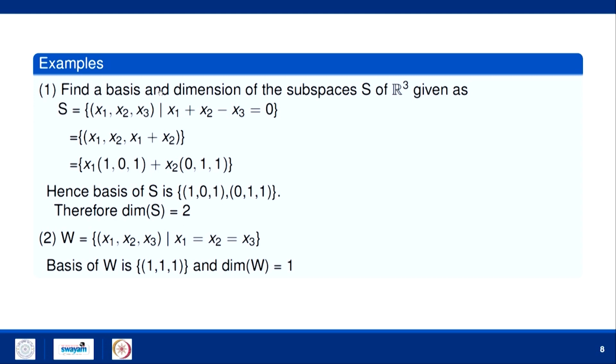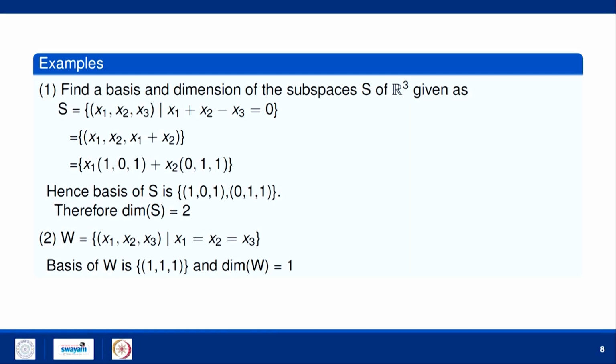Suppose we need to find the basis and dimension of the subspace S of R3 given as S equals the set of (x1, x2, x3) such that x1 plus x2 minus x3 equals 0. And we have another subspace of R3, that is W, given by vectors (x1, x2, x3) belonging to R3 such that x1 equals x2 equals x3. So, how to find the basis of these?